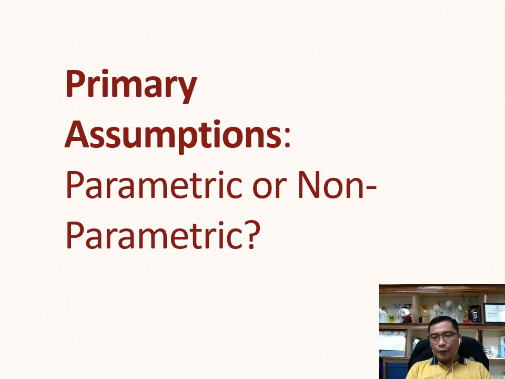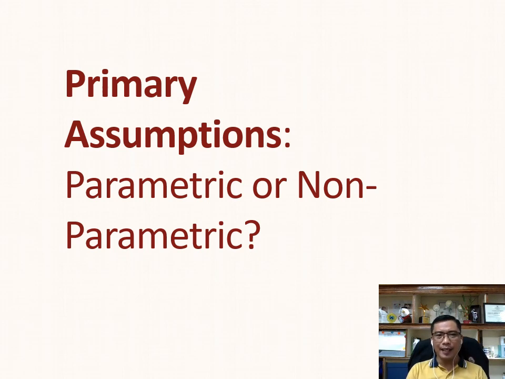Now, these are very essential concerns: parametric or non-parametric. Many statisticians actually jump to using parametric tests because parametric tests are more powerful compared to non-parametric tests. But what we should understand is that parametric tests should only be utilized when they are appropriate.